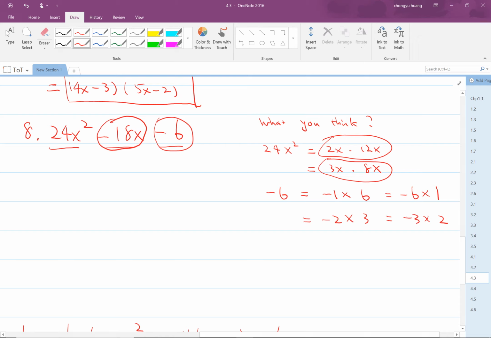So in this case we're going to try 3x and 8x for 24x squared. And for -6 you have to think a little bit to make it right.